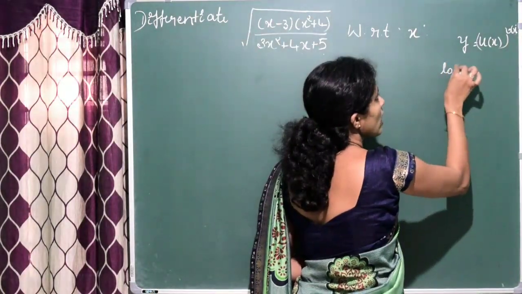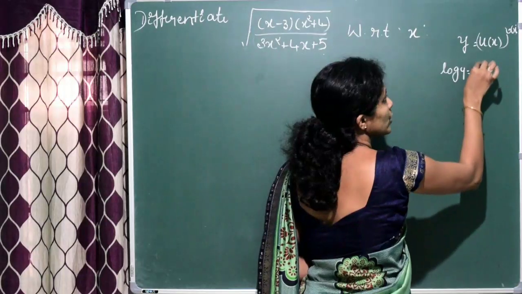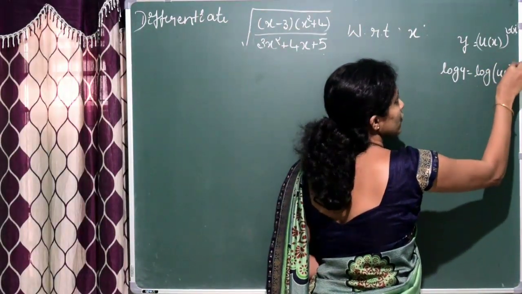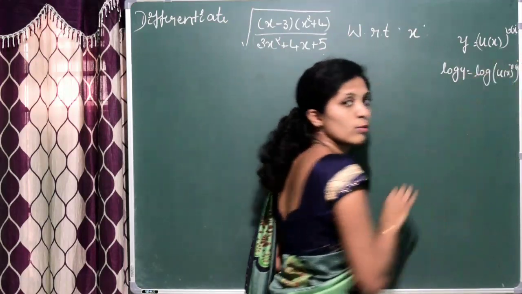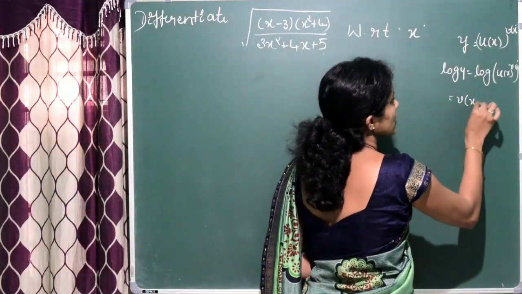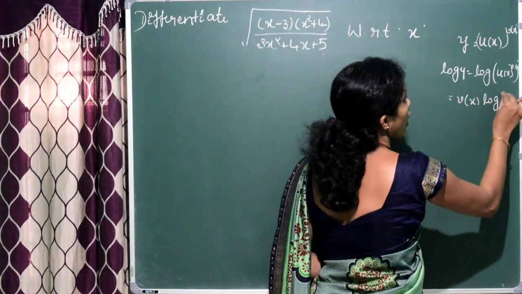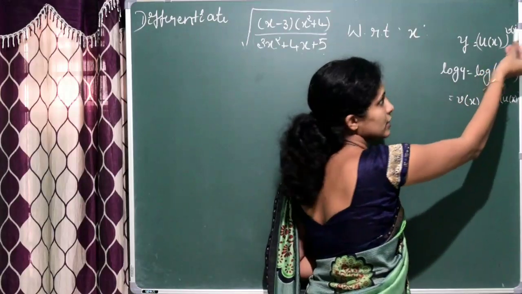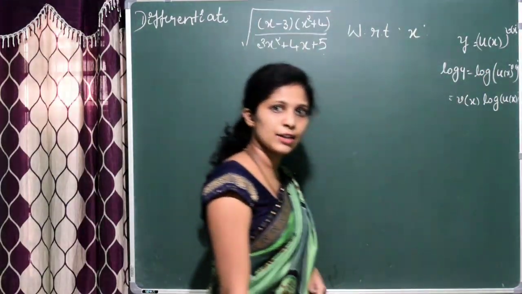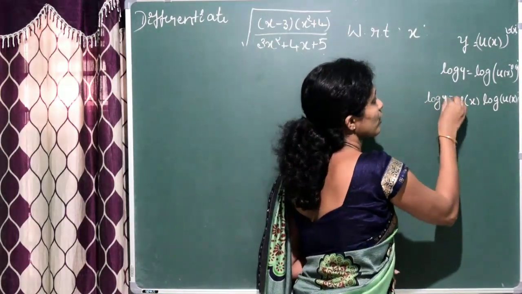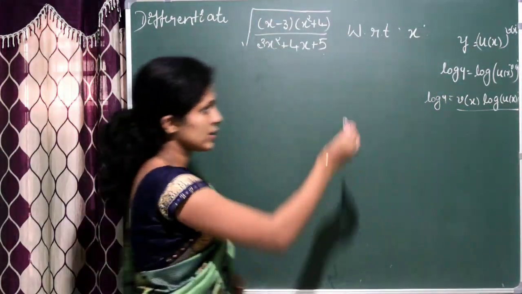So this will be now log y is equal to log of u of x whole to the power v of x. So this is of the form log m to the power n. We can write this as v of x into log u of x. Is it clear? See, u of x is one function and v of x is another function. You have to take log on both sides, then you have to differentiate. Here you have to apply the product rule. I hope you understood this one.